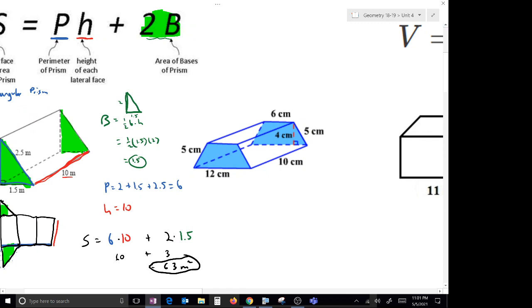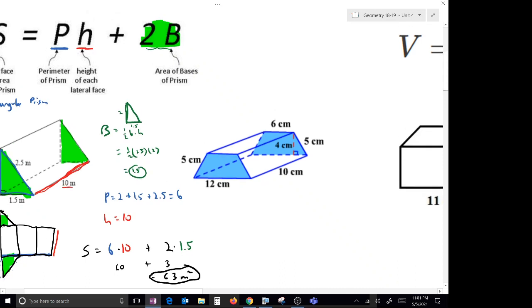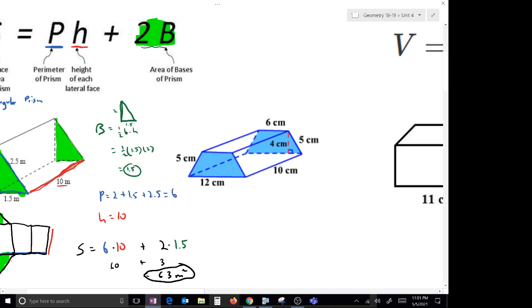All right. We could work out this next one. This is what we call a trapezoidal prism.